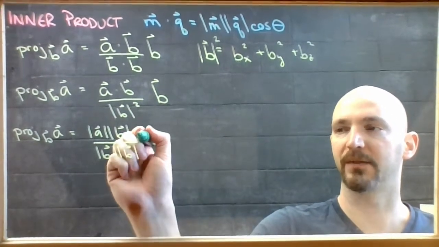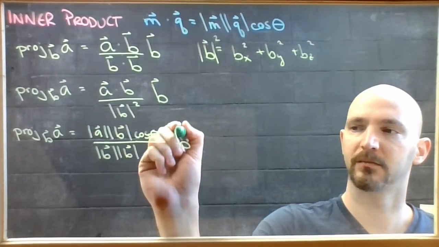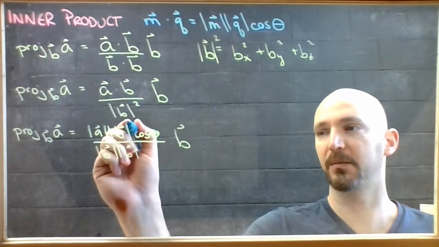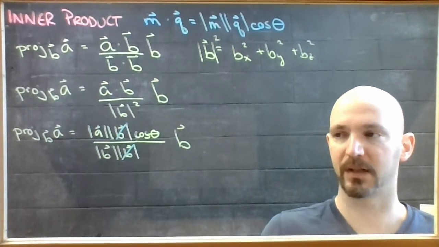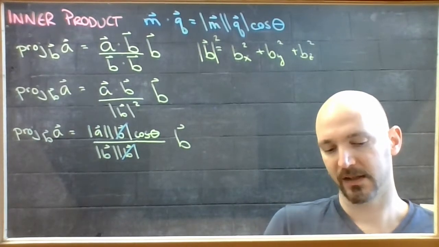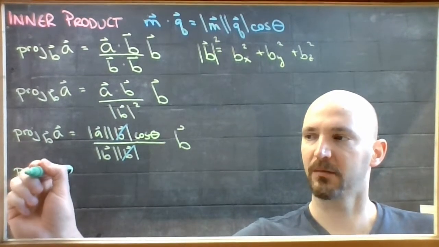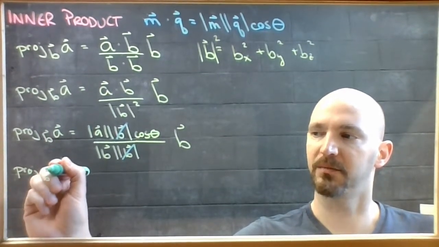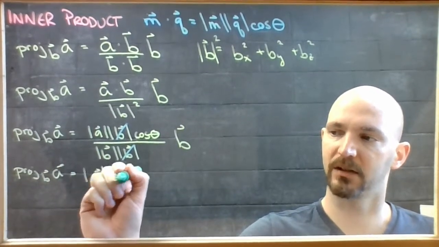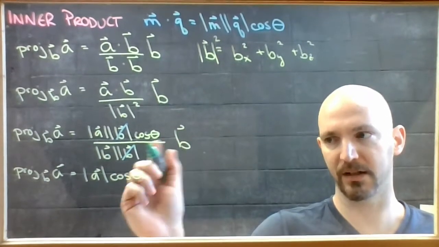Notice I've also left out the cosine of the angle between them. So you notice that I have a magnitude of B up here and a magnitude of B down here that are going to end up undoing each other. And so what I've got left then, projection onto B of A, would be the magnitude of A cos theta. And I'm going to bring this magnitude of B underneath of this one.